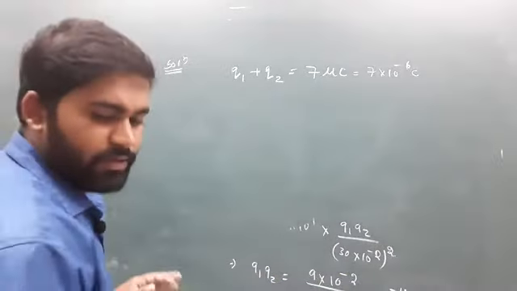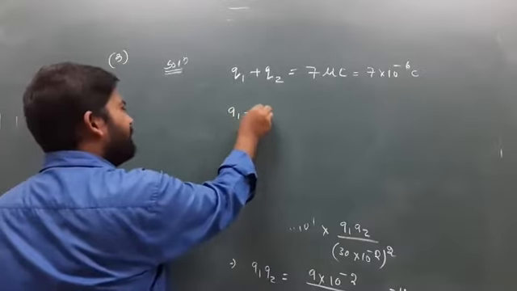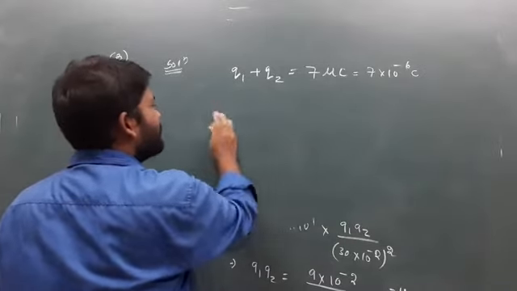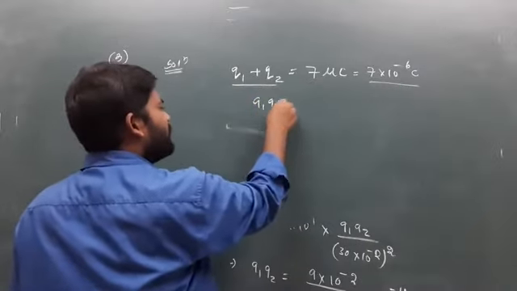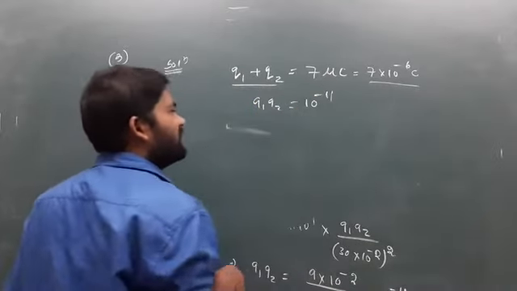Now, as we know, a minus b square is a plus b square minus 4ab. So q1 minus q2 square equals q1 plus q2 square minus 4 q1 q2, where q1 q2 is 10 to the power minus 11.